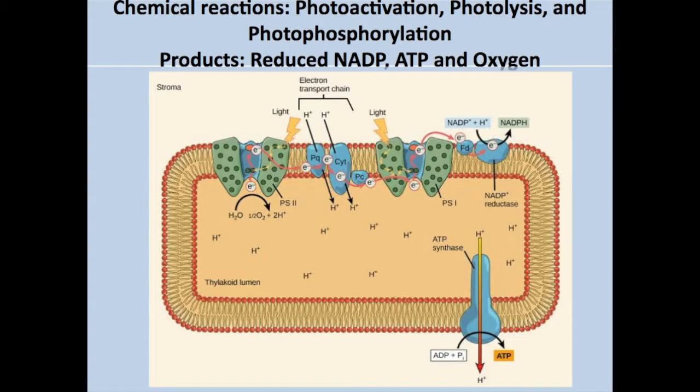The chlorophylls here oxidize water, or split water into 2H plus, 2 electrons, and oxygen. That's why it's called photolysis. Photo here, and then this one lyses the water. So light strikes the chlorophyll, and the chlorophyll can now split water. Photolysis, okay?